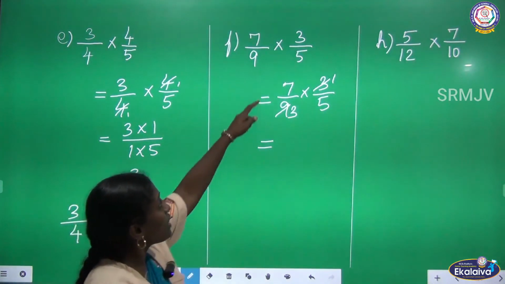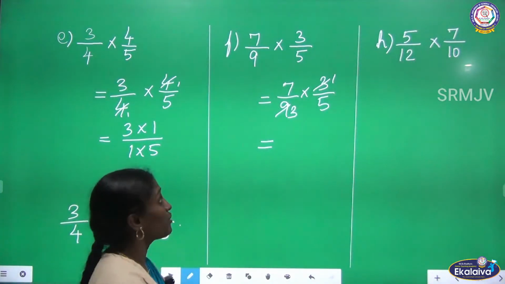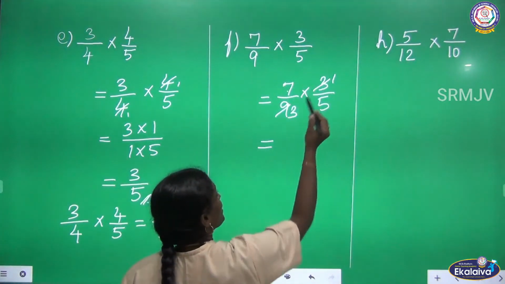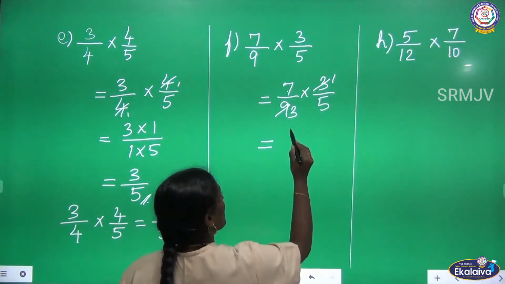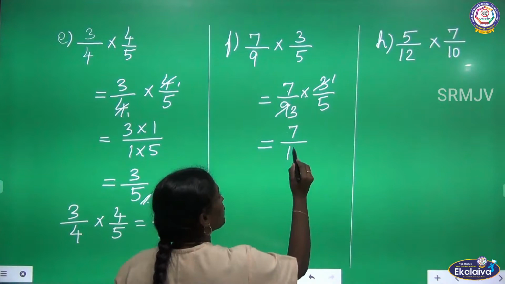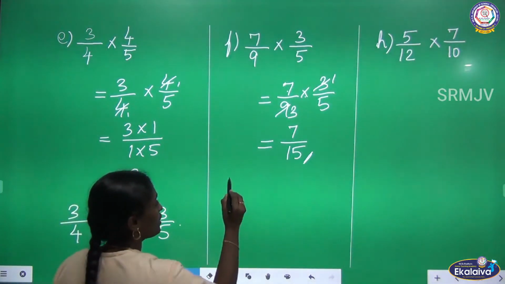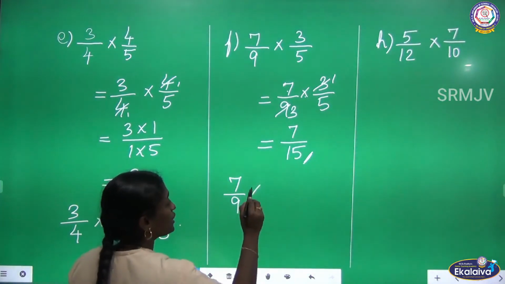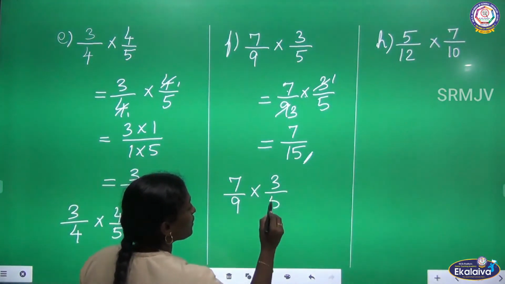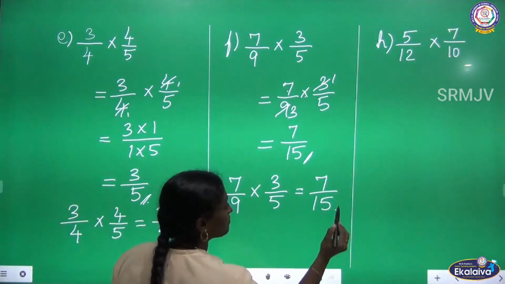Now, 7, 1, 5 are prime numbers. So there is no possibility to reduce. We are going to multiply the numerator numbers. 7 into 1, that is 7, divided by 3 into 5, 15. We'll get 7 by 15 as the answer. Okay, 7 by 9 into 3 by 5 is equal to 7 by 15.